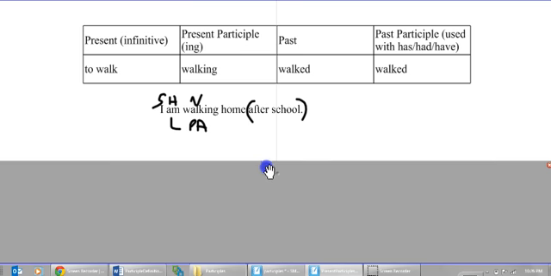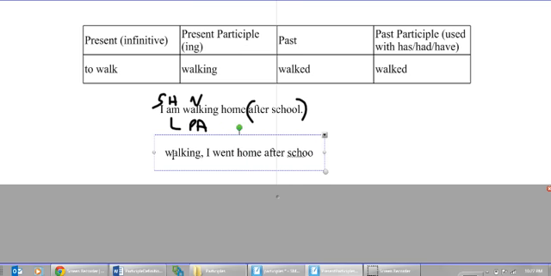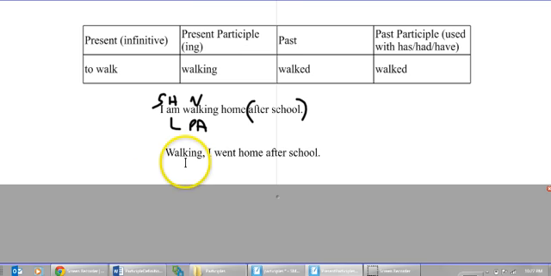Scroll down. I could say, walking, I went home after school. Okay? Now, in this situation, I've moved that participle, and we like it.